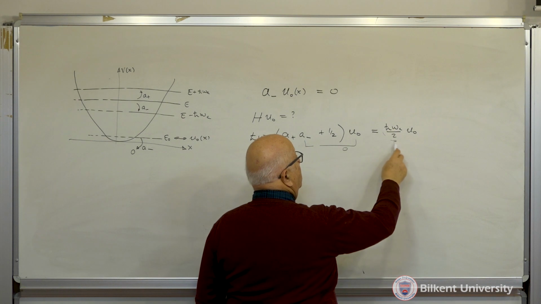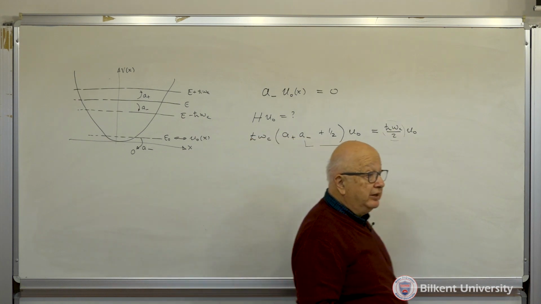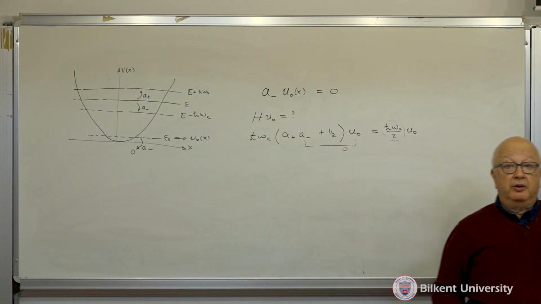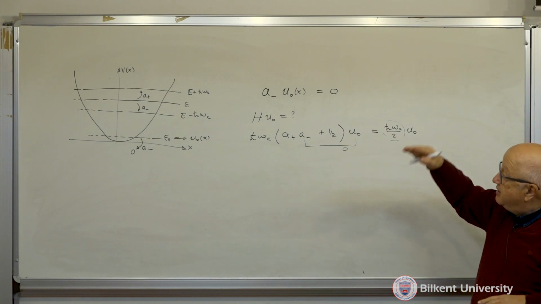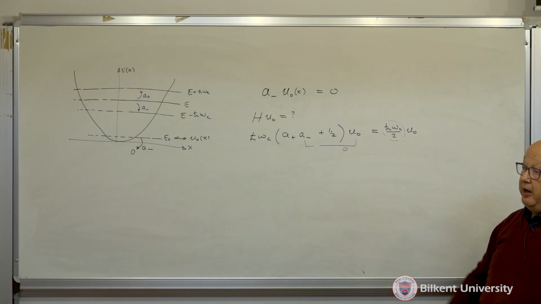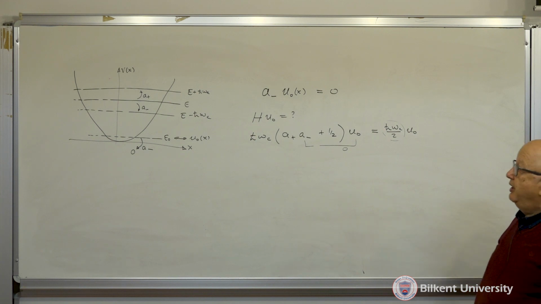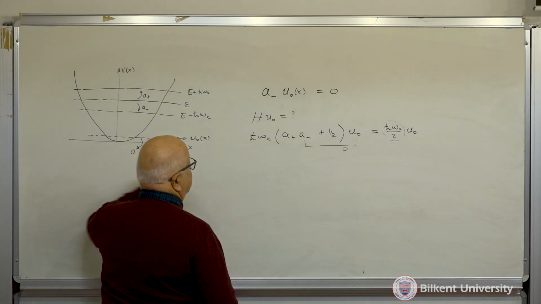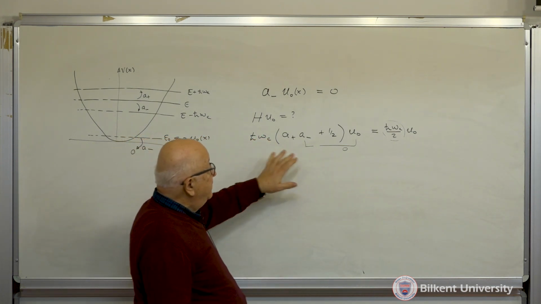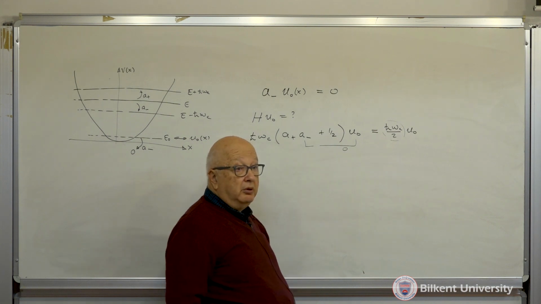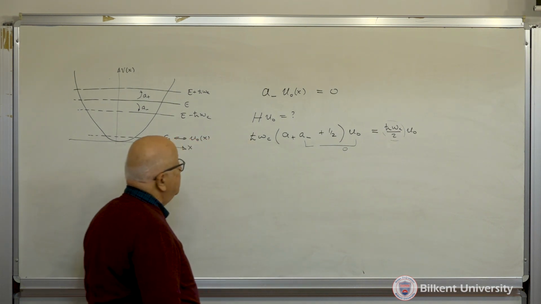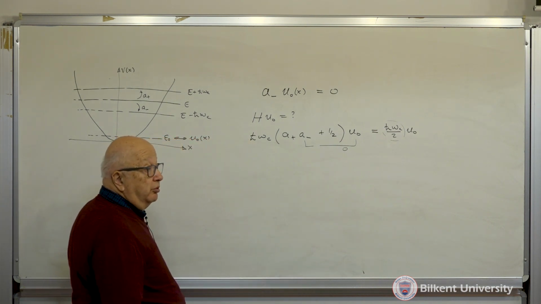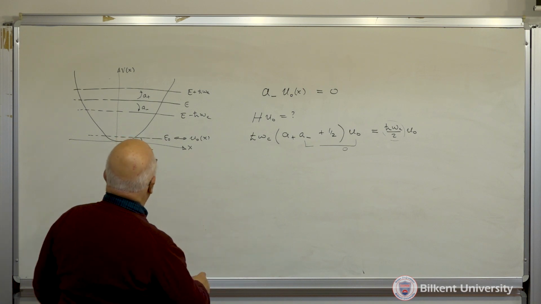Okay, so that tells me that the energy of that lowest state, when I just hit these states repeatedly by A minus, I am going to get to the lowest energy state eventually. But if I hit it one more time, I get 0. And in order to satisfy that, the lowest object must have energy h bar omega c over 2. Now that determines all of the energy levels.